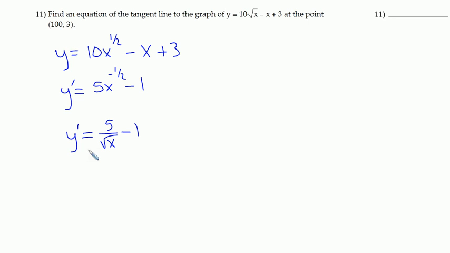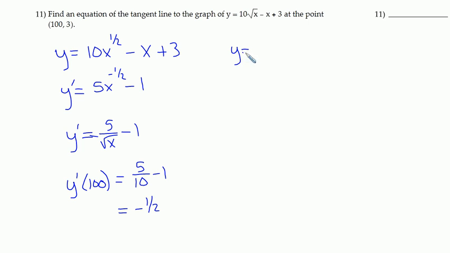We need to know what the derivative is at 100. So y prime at 100 is equal to 5 over the square root of 100, which is 10, minus 1. 5/10 is 1/2, minus 1 is -1/2. So the slope of our line is -1/2.